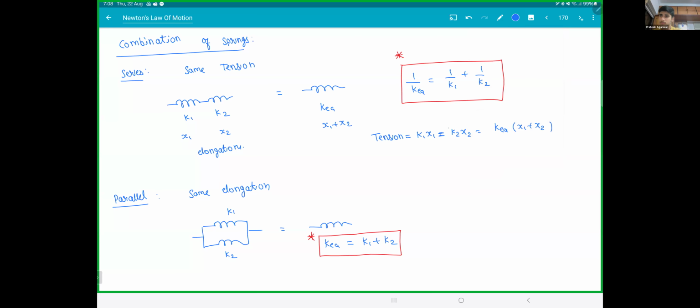That's the tension in the springs. This must be the same. Clear?